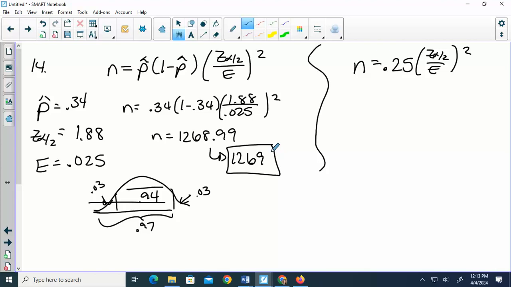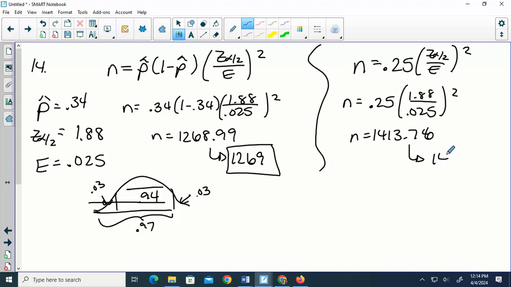Part B says, what if we don't have a prior estimate? So if we don't have a prior estimate, we're using this formula. Same z alpha over 2, same error. So if we plug that in, we get 1413.76.